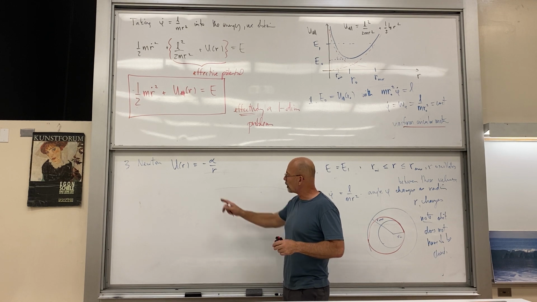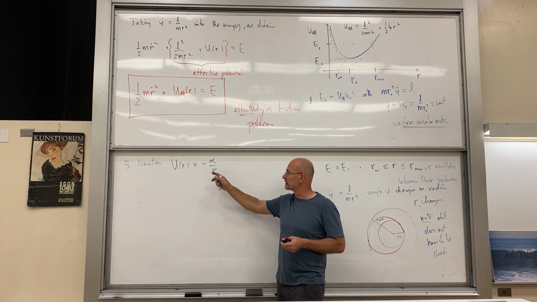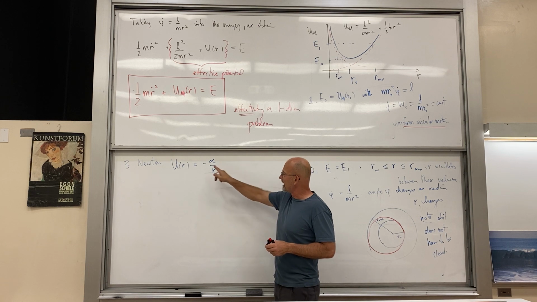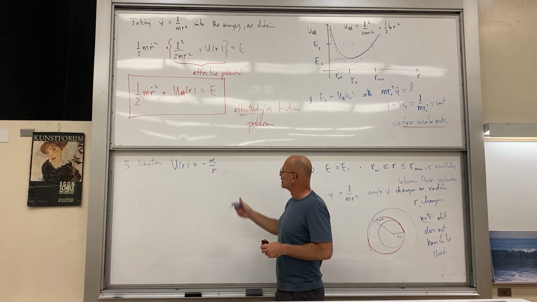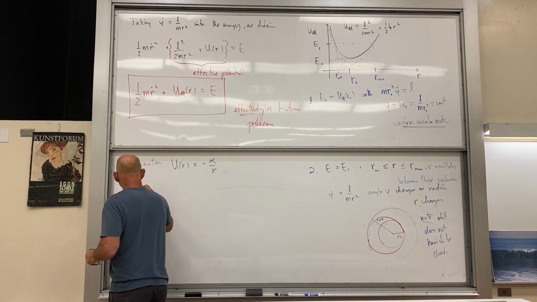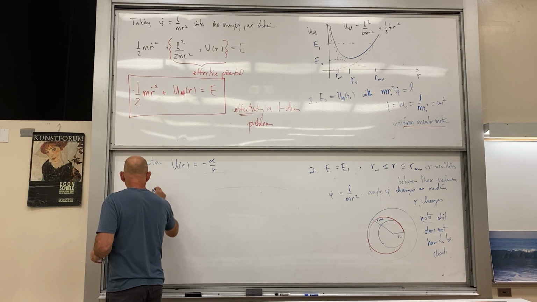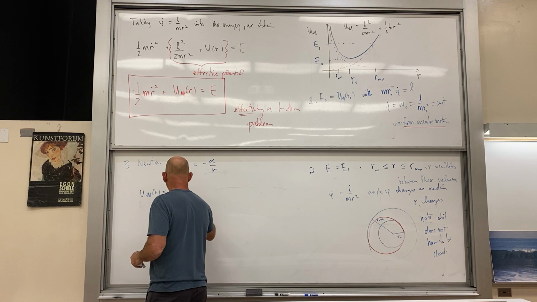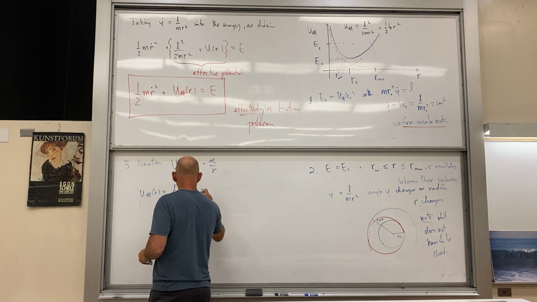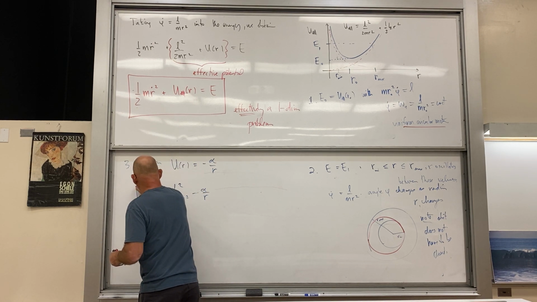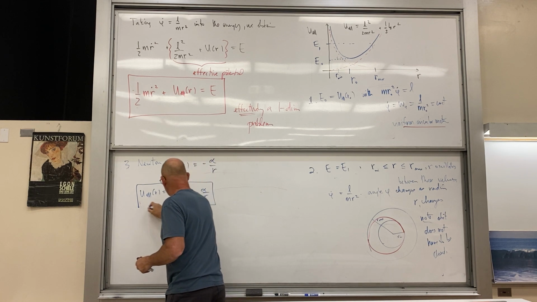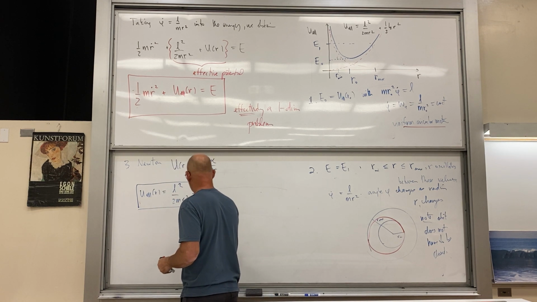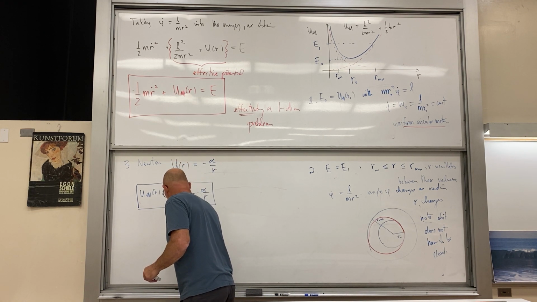If you have something else, it's just minus alpha over R. You could also have charged electromagnetic particles. Then you could have attraction and repulsion. But good, let's go ahead and graph the effective potential. For this one, we have L squared over 2mr squared minus alpha over R. So this is an interesting one. Room to do it right here.